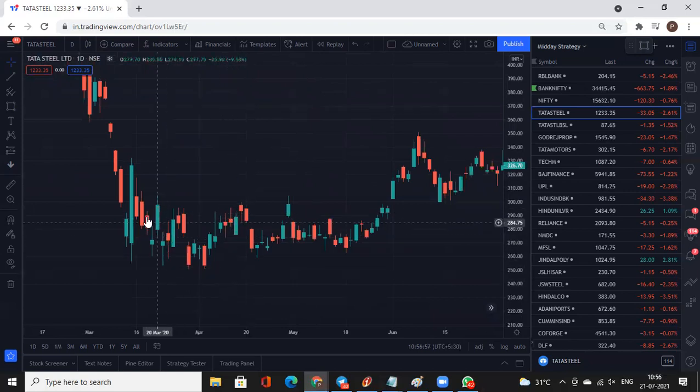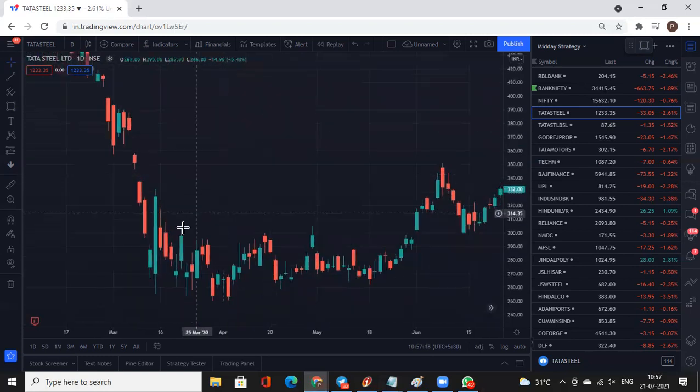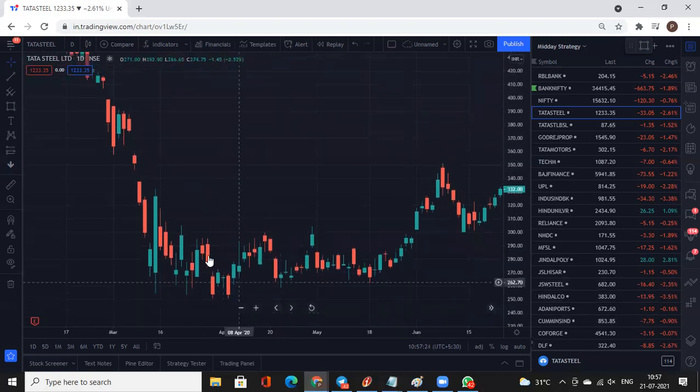There was a series of lows here, nothing, I'm not going to mark anything because this is also a series of lows, but here we got a green candle. So you see 1 2 3 4 5 6 7 8 9 10 11 12 13 14 15, I think there are more, and then there is a green, which is less, so I can take this as a support area.